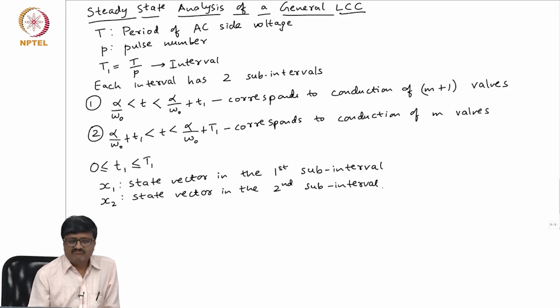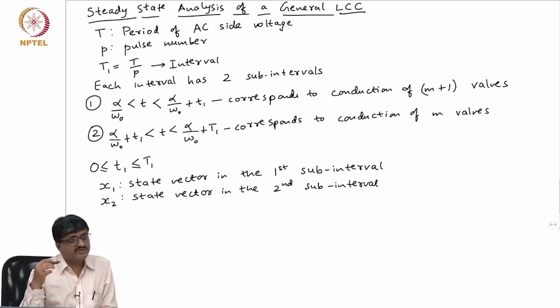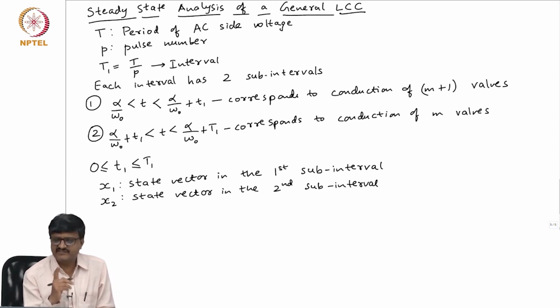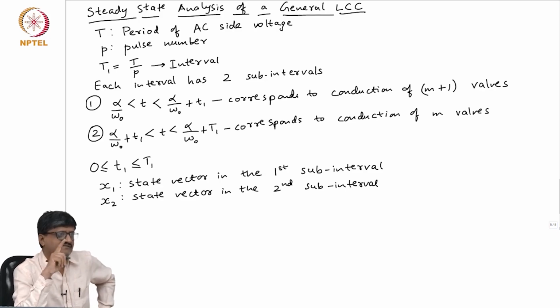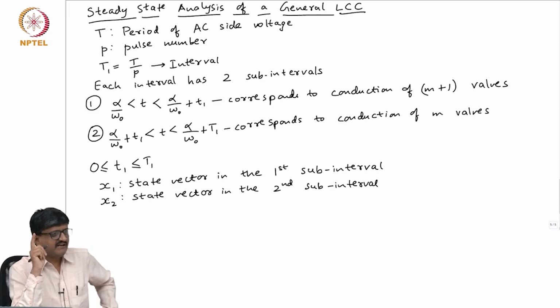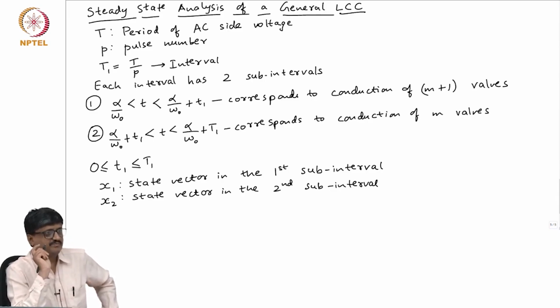Now, that means the state variables in the second subinterval are also state variables of the first subinterval, but one of the first subinterval state variables is not a state variable of the second subinterval, because there is one valve current which goes to 0. So, there is one valve current in x1 which is not appearing in x2. Okay.